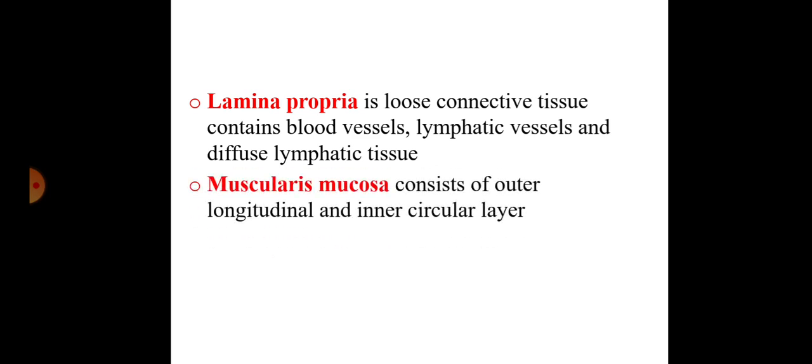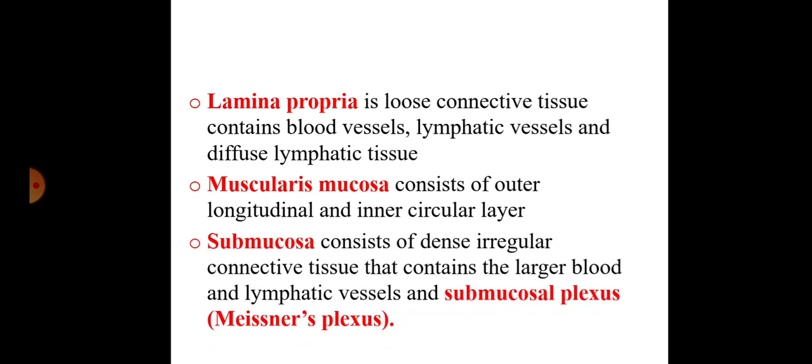Muscularis mucosa consists of smooth muscle arranged into inner circular and outer longitudinal layers. The submucosa of the stomach, similar to other parts, contains the nerve plexus known as Meissner plexus, as well as blood vessels, lymphatics and connective tissue.